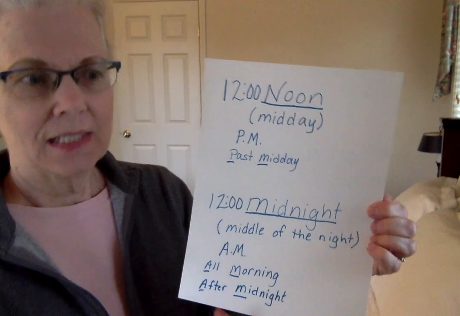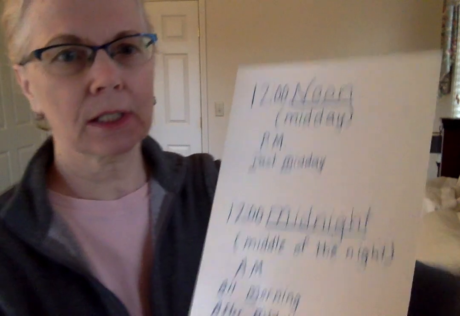Okay? So let's take a look in our book on page 567. It says, Lauren's family is going hiking tomorrow at 7. How should Lauren write the time to show that they are going in the morning, not the evening?